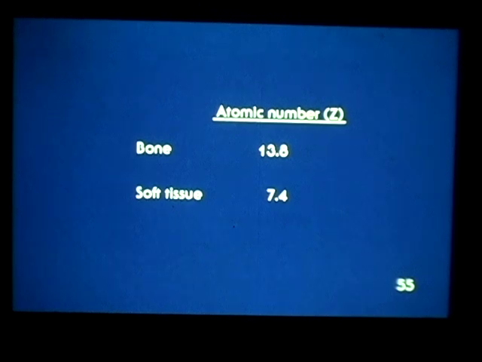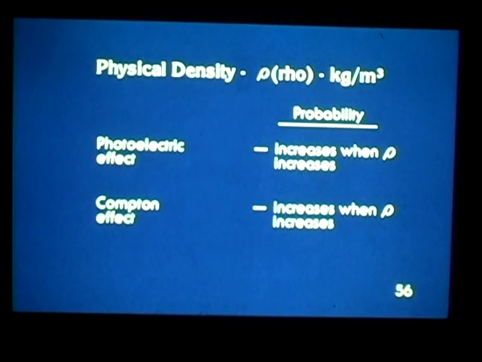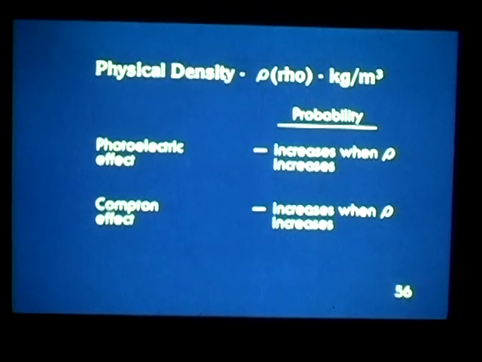13.8. Bone is actually composed of atoms having Z values ranging from 1 to 20. Number 56. Physical density, or ρ (rho), symbolized as shown, is an important factor in determining the probability of both photoelectric and Compton effects.